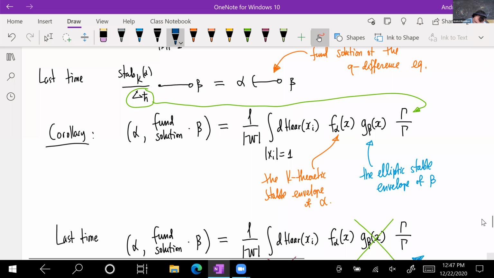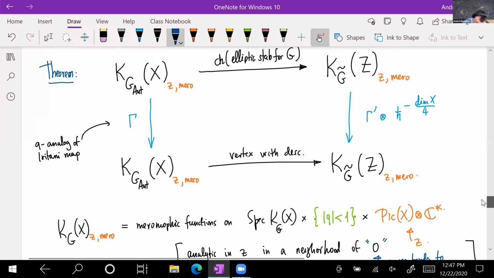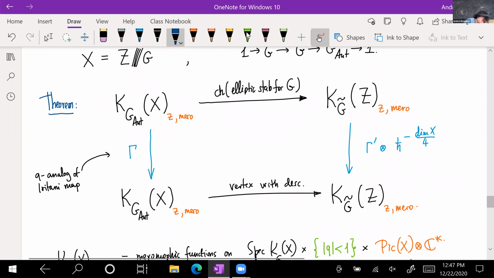And also from this perspective here, think about this diagram. This object here, this vertex and its descendants, is a series.